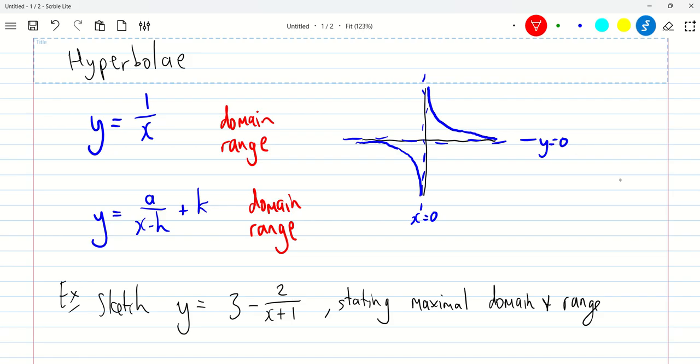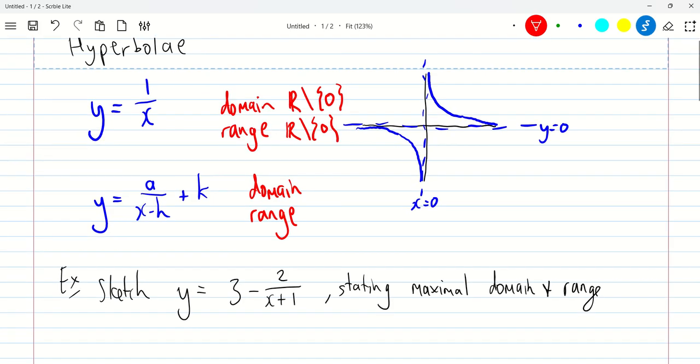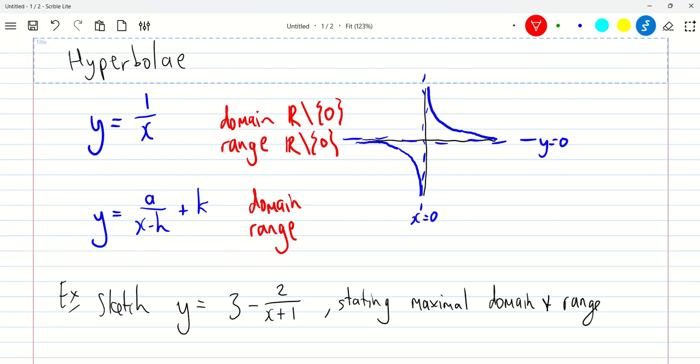So it's all real values, but not 0. That 0 is the only one that doesn't work. And for the range, what are the valid y values? y is valid for all values except for 0 again. So the range is all real values, but not 0. Hopefully that makes sense. So that's the basic function.